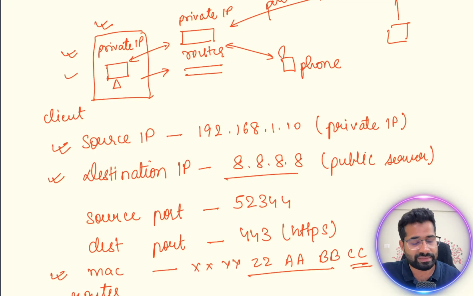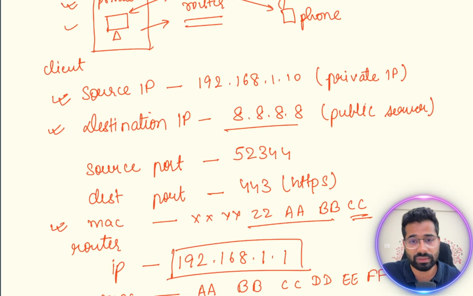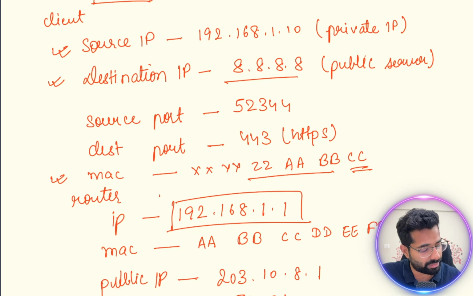This ARP request will ask who has the IP address of the router. Let's say the router's IP address is this, so it needs to know the corresponding MAC address. If it does not know, it will make a call as to who owns this particular IP address.